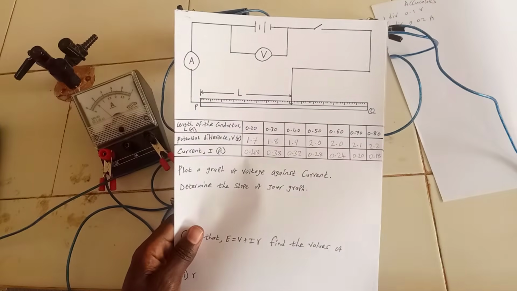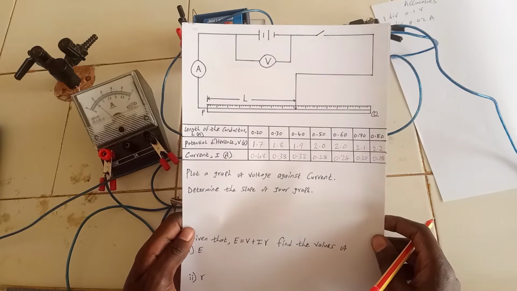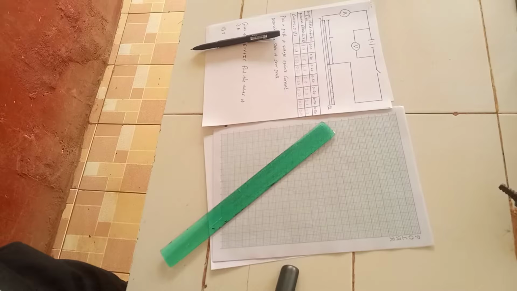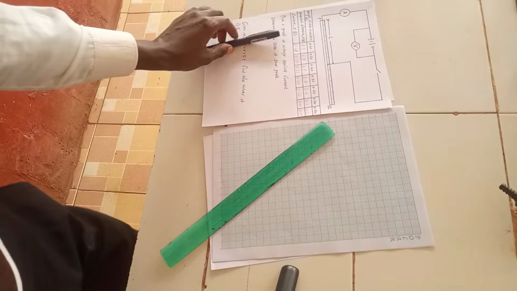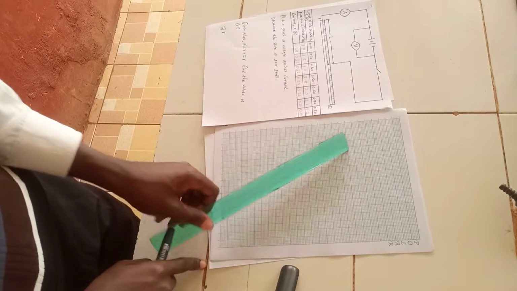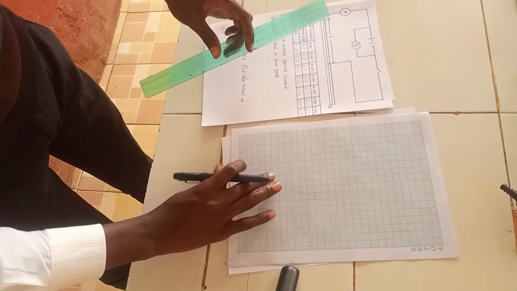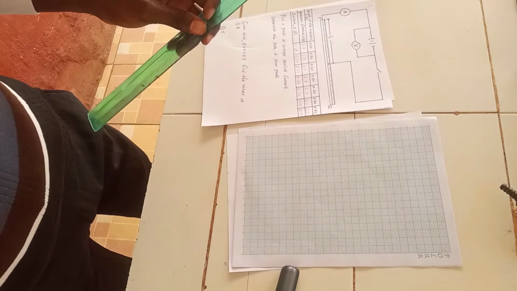These are the values we have for this practical. We'll be using these values to plot the graph. So viewers, we can now plot our graph. The first thing, we draw the axis. We start with the y-axis.